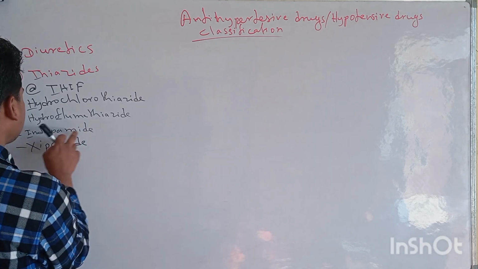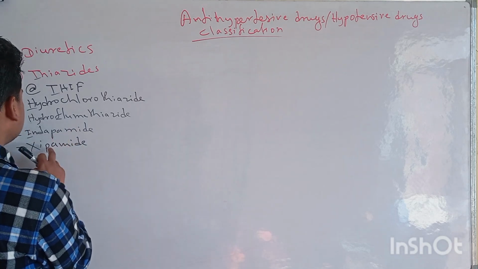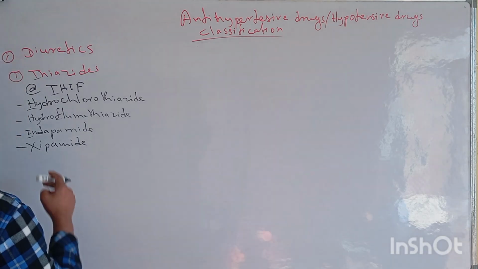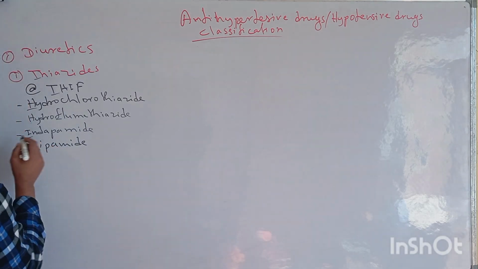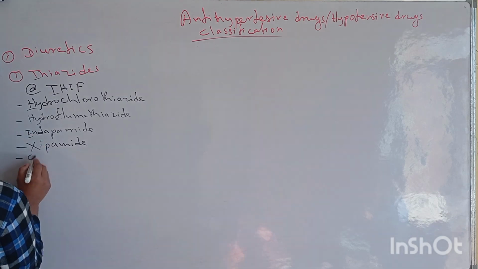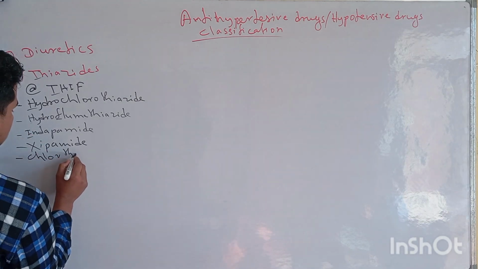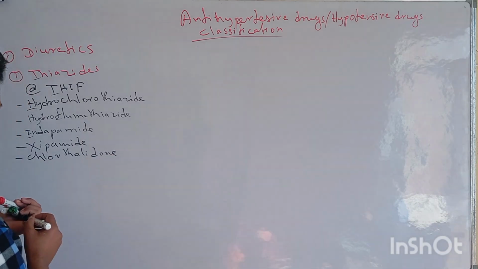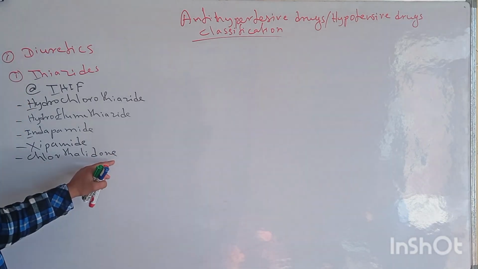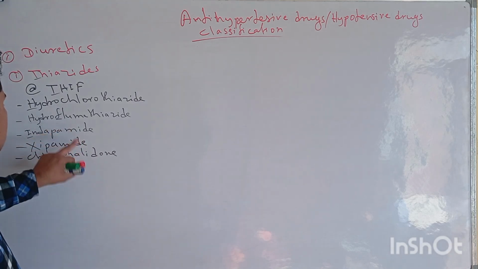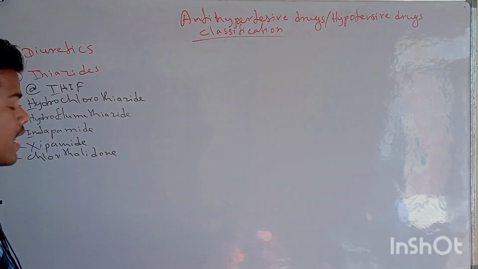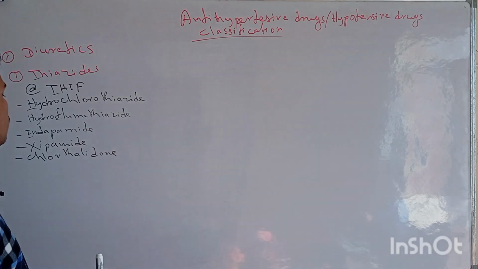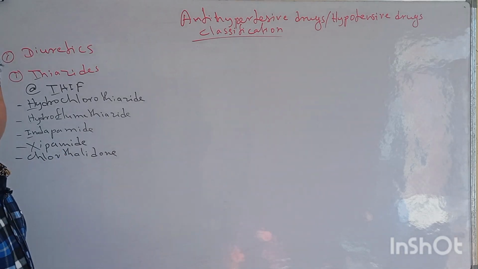And indapamide, xipamide and chlorthalidone, here I will also write one more example, chlorothiazide. These three drugs act on the early distal tubules and block sodium chloride channels.